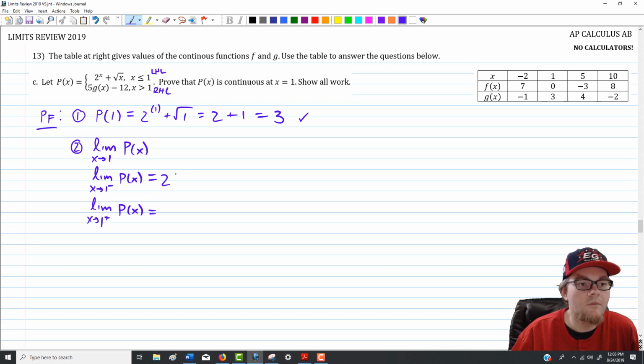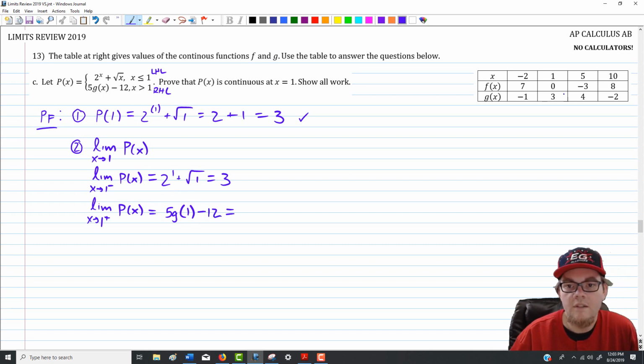So the smaller ones come from 2 to the 1 plus root 1, which we said earlier was 3. With our updated second branch here, we get 5g of 1. Recall, of course, that we can use g of 1 because g is continuous, so the limit and that are equivalent to one another. So 5g of 1 minus 12. Well, up there it says g of 1 is 3, so that means 5 times 3 minus 12, which is 15 minus 12, or 3.